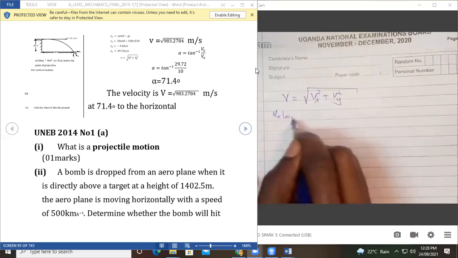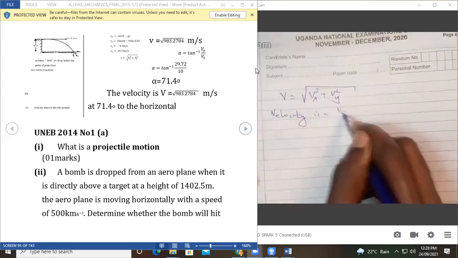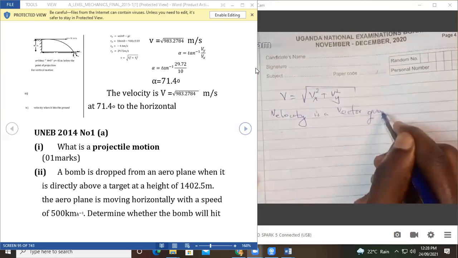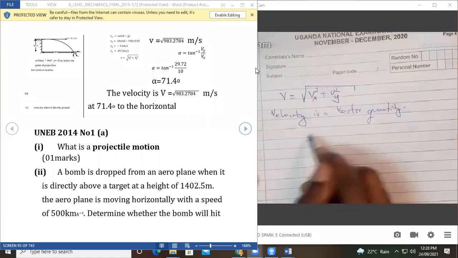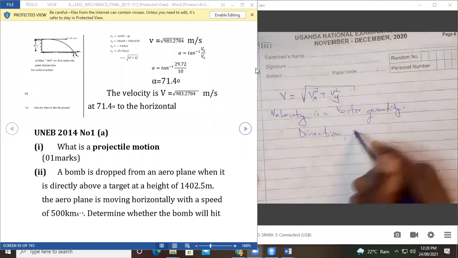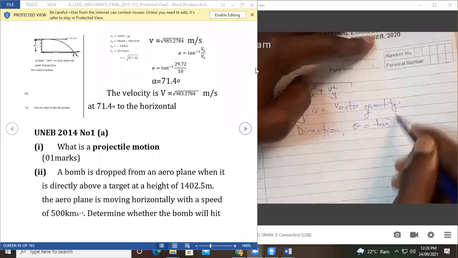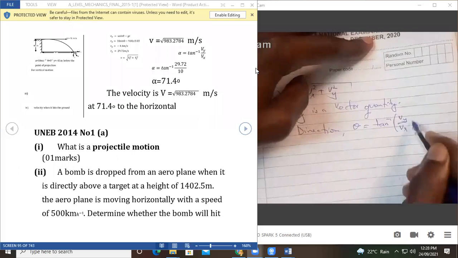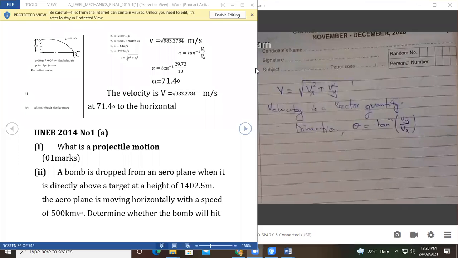It must have direction. So you must find the direction. The direction will be theta equals the arctan of Vy over Vx. Those are the things we have already looked at, and those are the things you must be in a position to do.